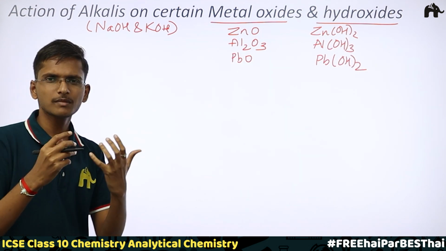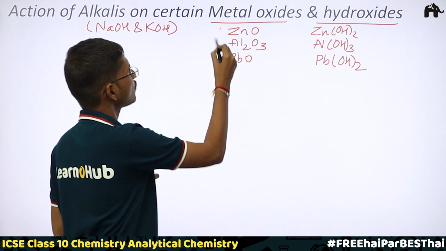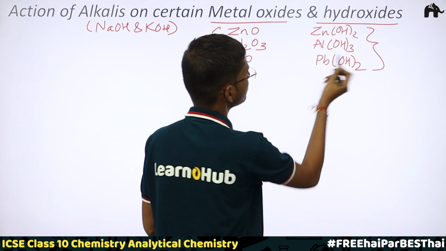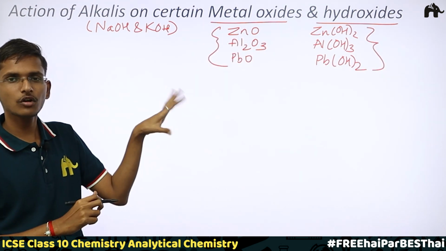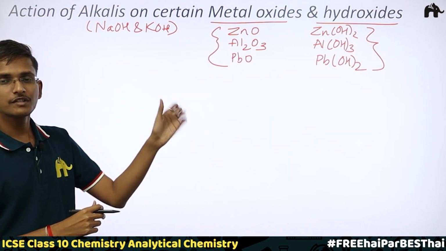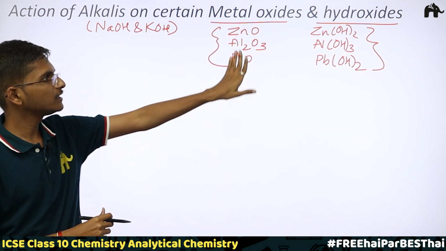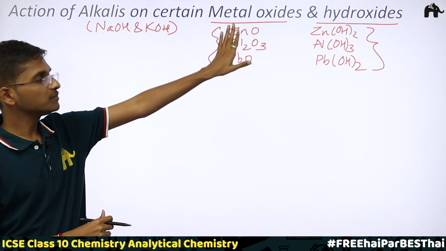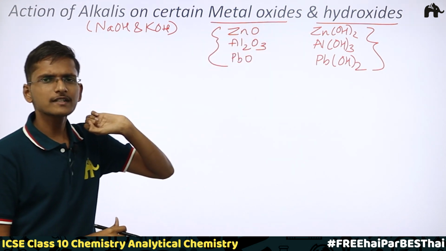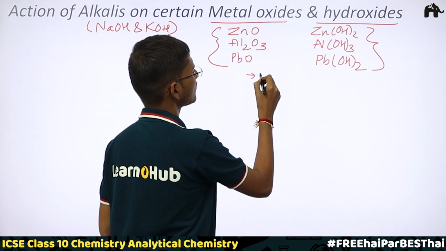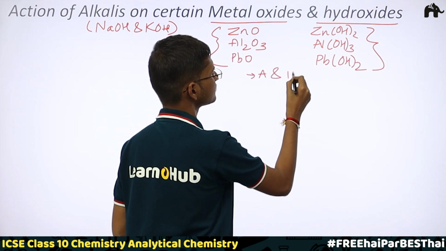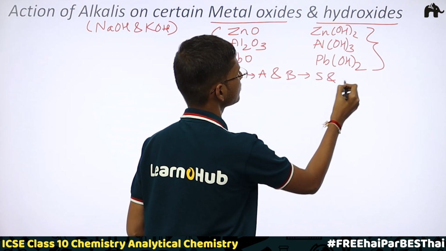Can you remember, we have just studied these oxides and hydroxides, and they have amphoteric nature, right? We have just seen the example of the oxides and hydroxides which have amphoteric nature, and these three were in that example. So what are amphoteric oxides and hydroxides? Simply the oxides and hydroxides which react with acids as well as bases to form salt and water.